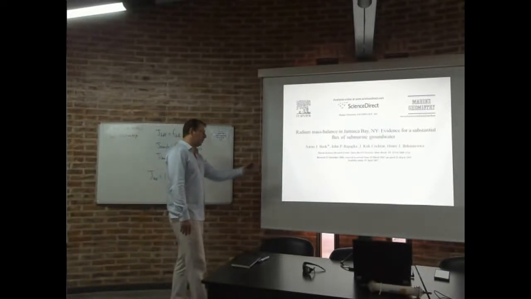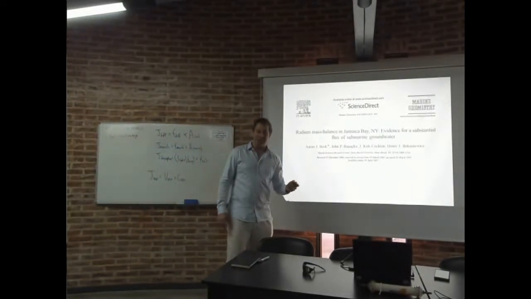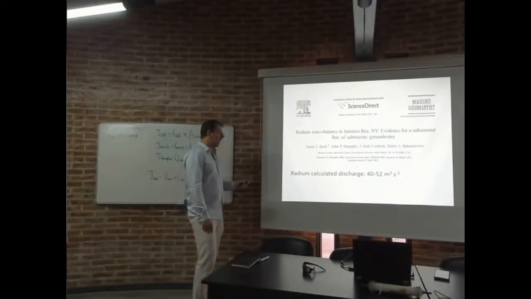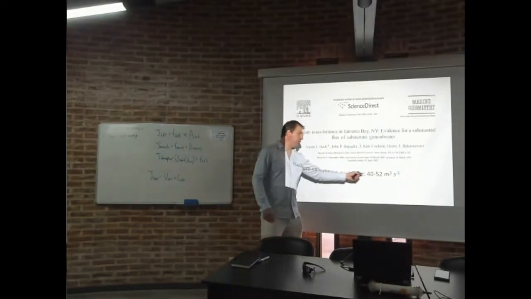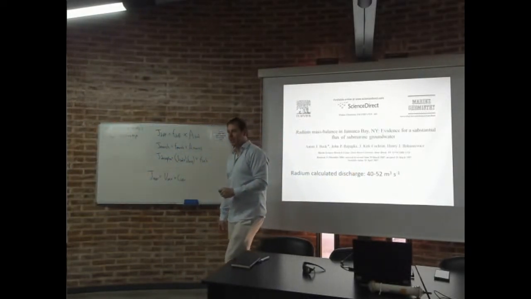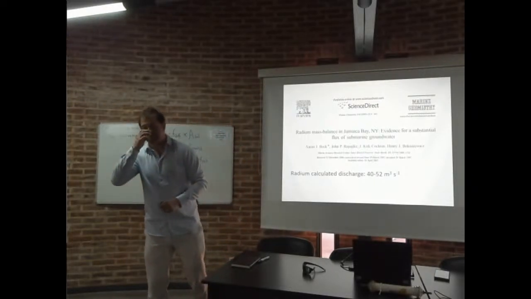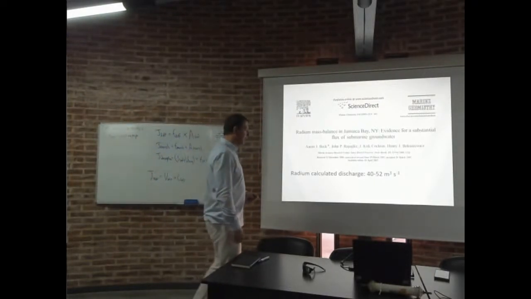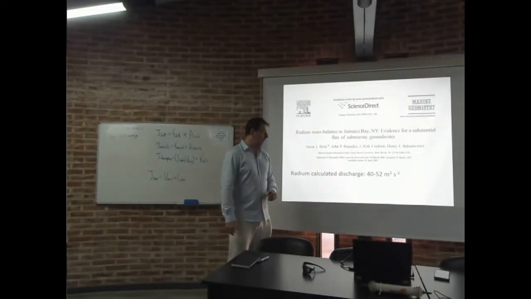Okay. So once we have all of these things, we can get a final calculation. And we did this for Jamaica Bay. When we did this for Jamaica Bay, our final calculated discharge was 40 to 52 cubic meters per second. Jamaica Bay is not a very large bay, just in Queens and Brooklyn, New York.